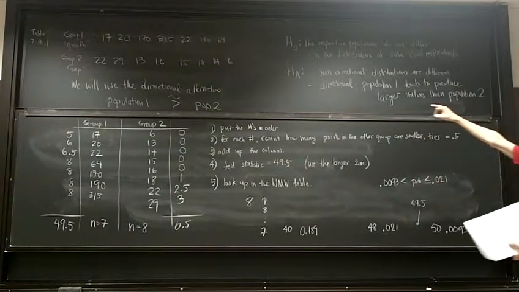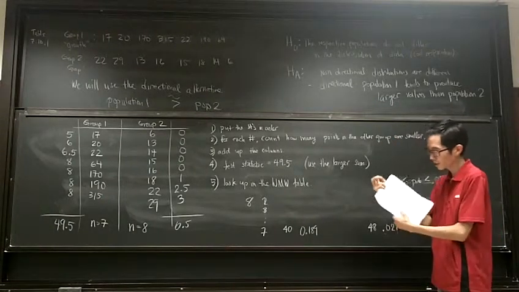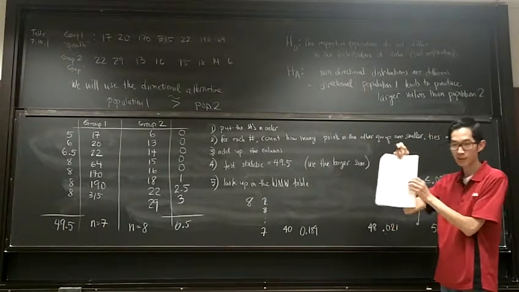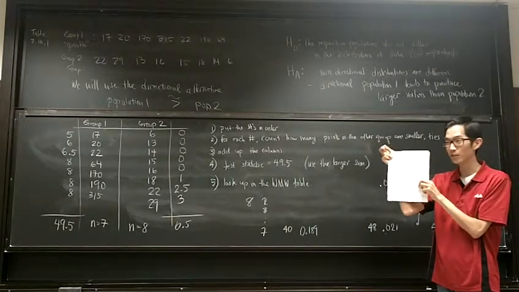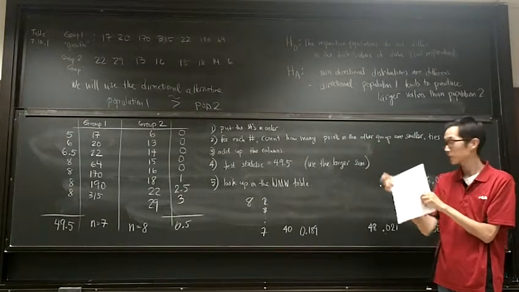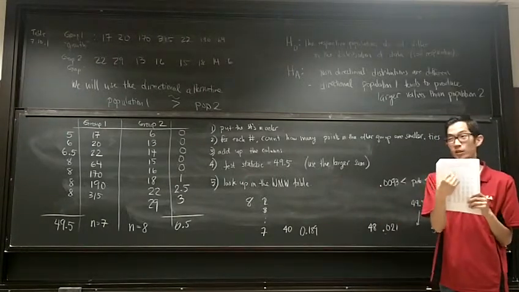Here we're using a directional alternative, right? For whatever reason, the publishers decided to put the non-directional values in this table, okay? So here we have a directional alternative, and it says it at the top of the table.